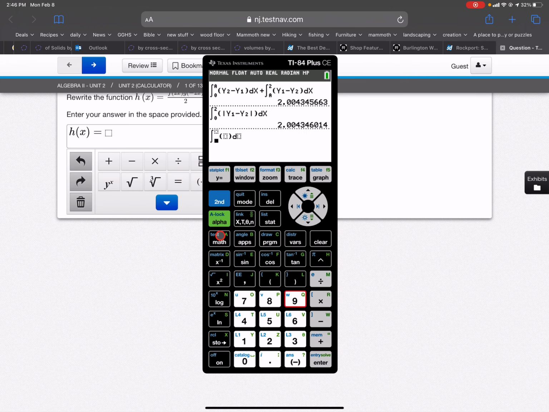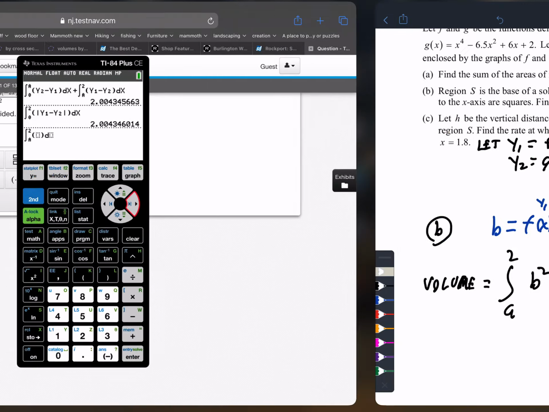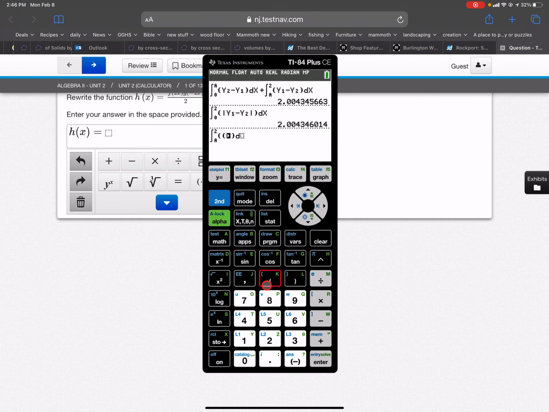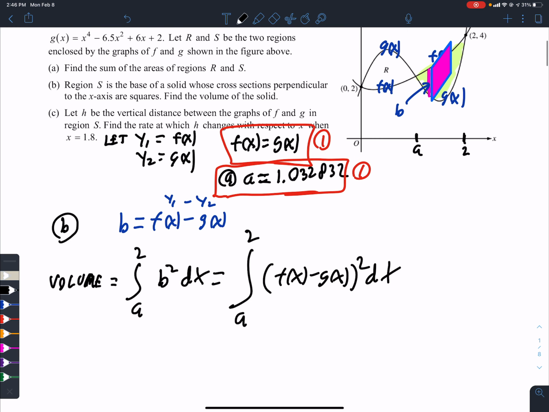I'm going from a all the way to 2, and the area of the square is y1 minus y2, and it's squared, so I need a parenthesis. I'm doing y1 minus y2, end parenthesis, square that, with respect to x, that's the thickness, and I should get my answer, 1.283.